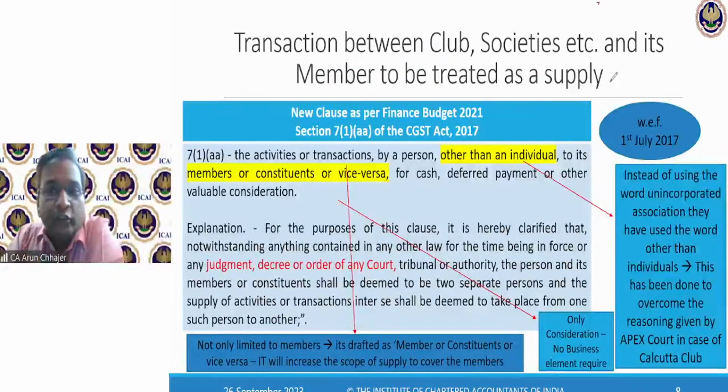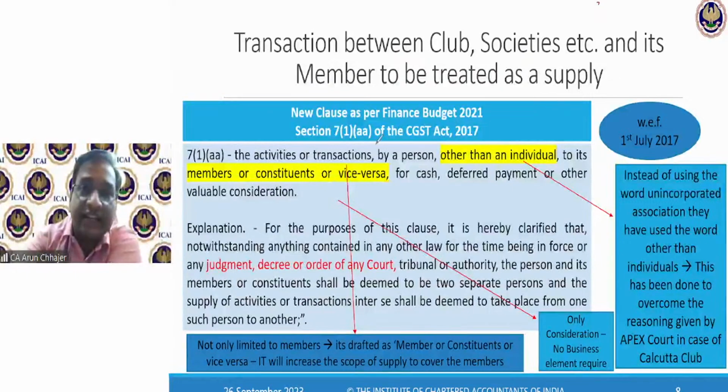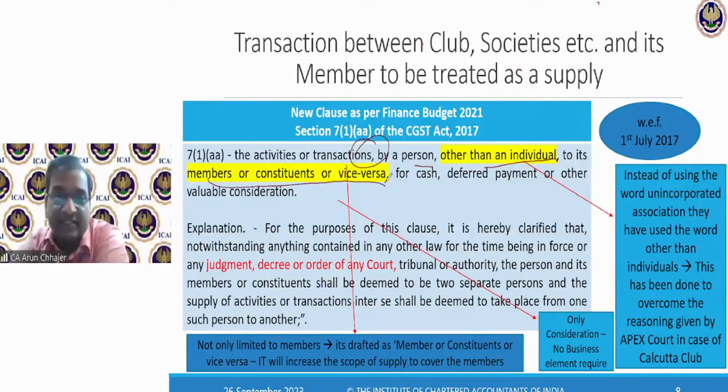Now, this new clause has been inserted by the Finance Act. What is that clause? It says that an activity or transaction by a person other than an individual to its member or constituent or vice versa, for cash, for deferred payment or any other valuable consideration.